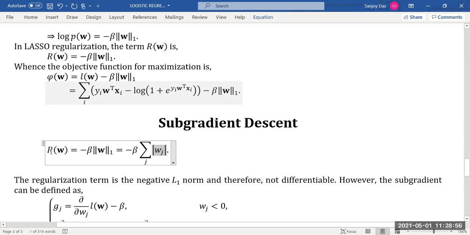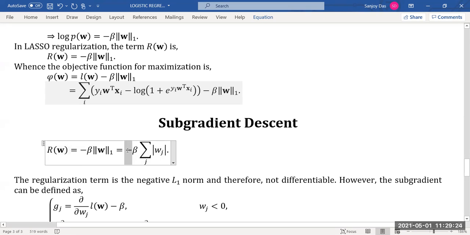What's the subgradient of this? If Wj is strictly positive, then the absolute value of Wj is equal to Wj. When Wj is strictly negative, the derivative with respect to Wj is the negative of this.